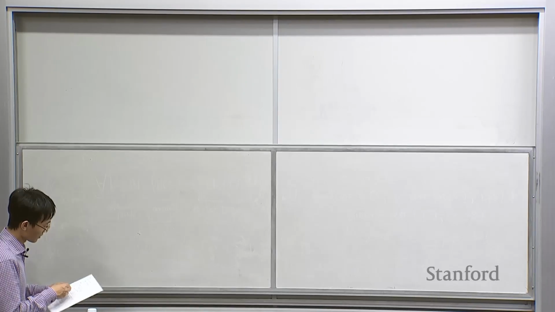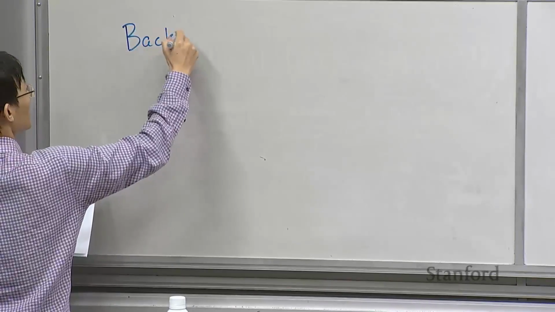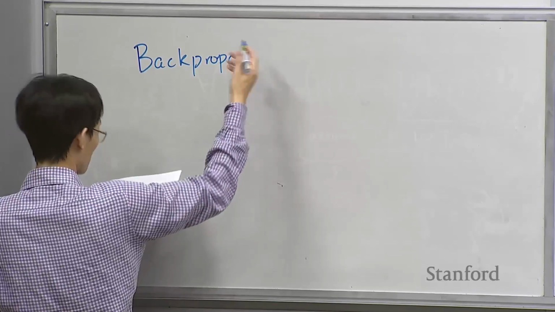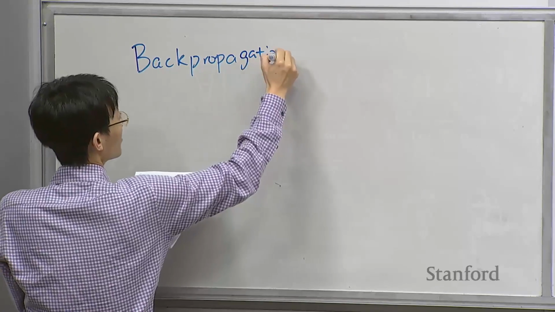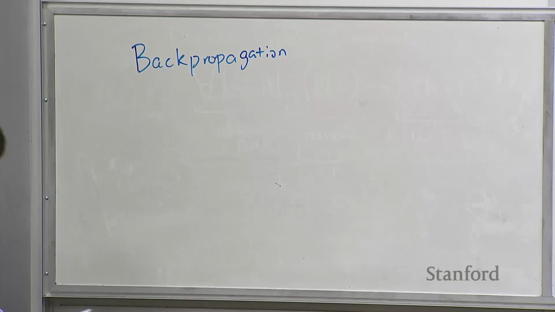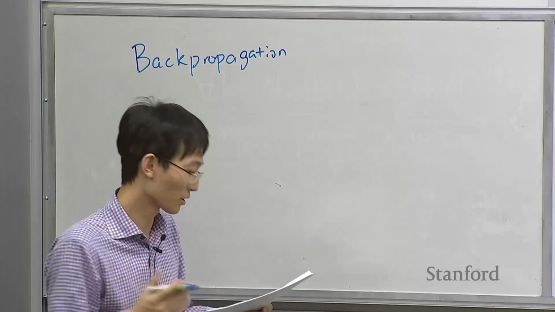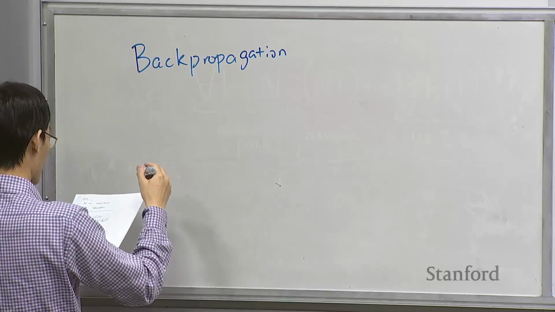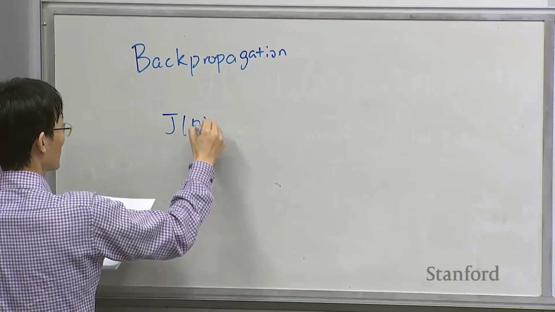So basically the so-called backpropagation, or backprop, is just a terminology in some sense. It is a technique for us to compute the gradient of the loss function for a network. Recall that last time we talked about this: you have a loss function, for example J(θ).